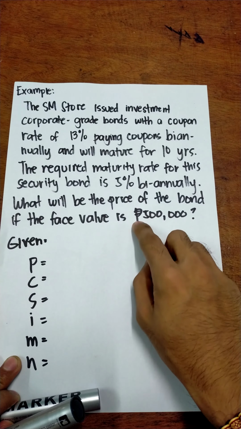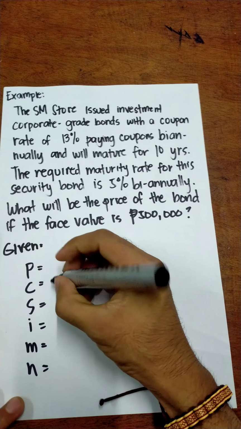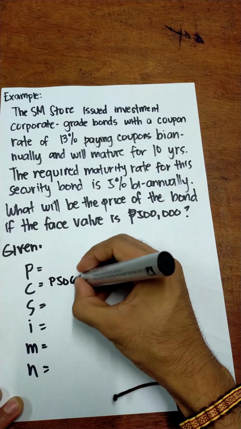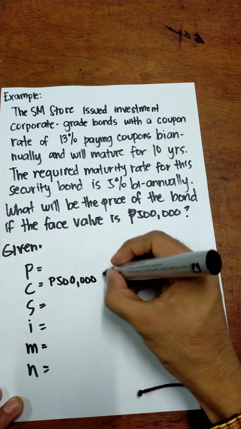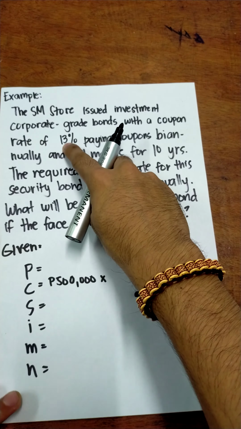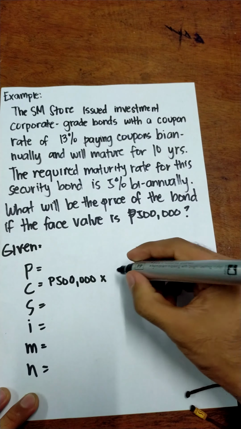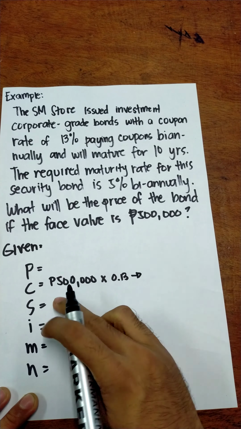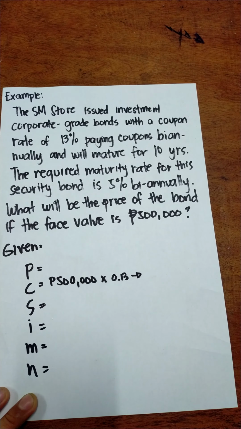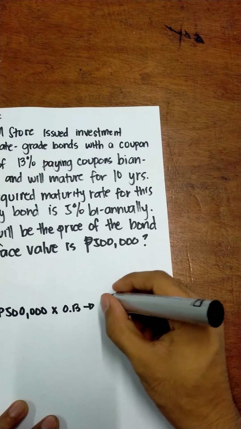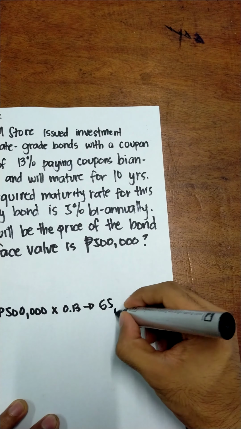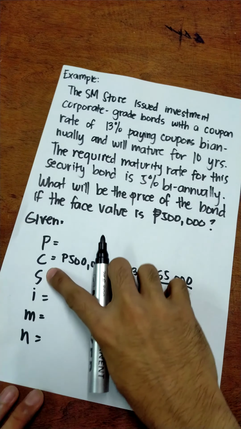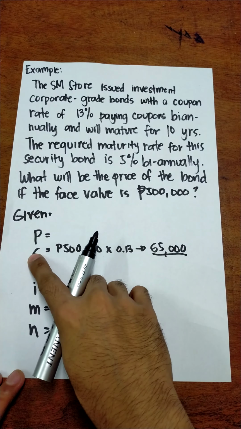So, paano yon? 500,000 times, hindi natin gagamitin yung 13%, but 0.13. If we are going to multiply this, ang lalabas ay 65,000 pesos. So, this would be our final value for letter C.